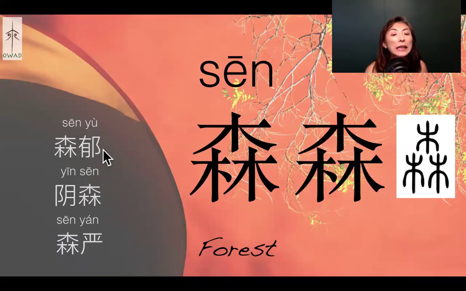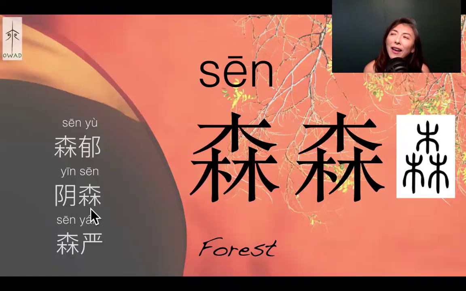All right. Yin sen. Now we have the forest again there, but here the tone changed. You see both actually, this yu and this yin share the same parts over there. We talked about yin next to yang before. This is the pair. Yin means the moon. On the right side is the moon, right?